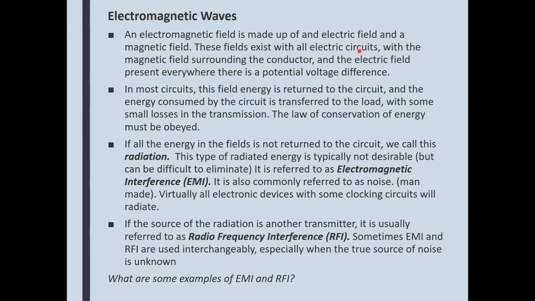Whenever you have electricity in motion, there will be an electric field and there will be a magnetic field around it. With the magnetic field surrounding the conductor and the electric field present everywhere there is a potential difference, or voltage. Wherever there is a voltage, there is an electric field. You might remember some of those concepts from the electrical machines that I'm sure you have studied already.